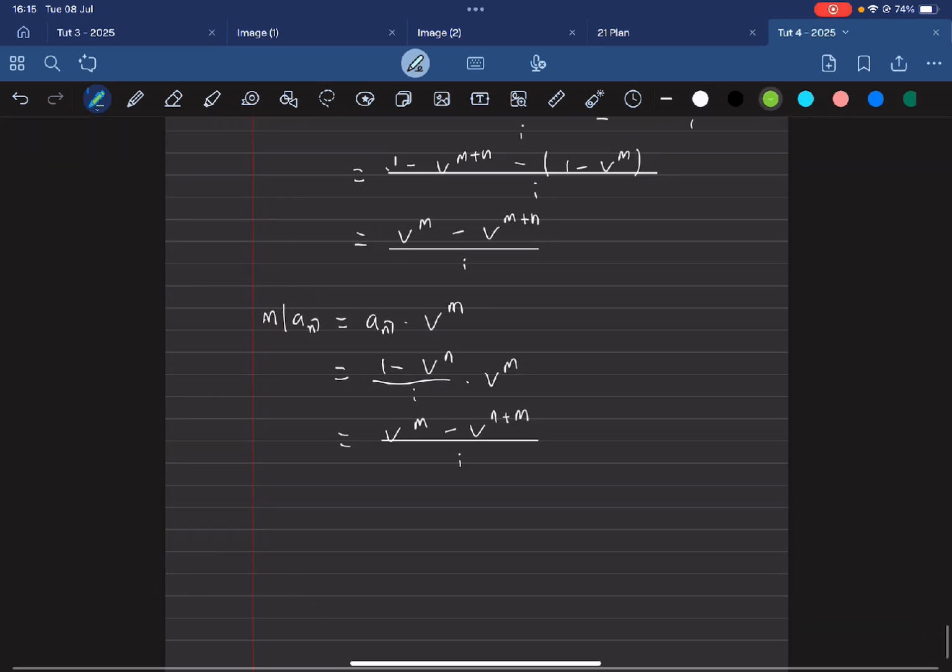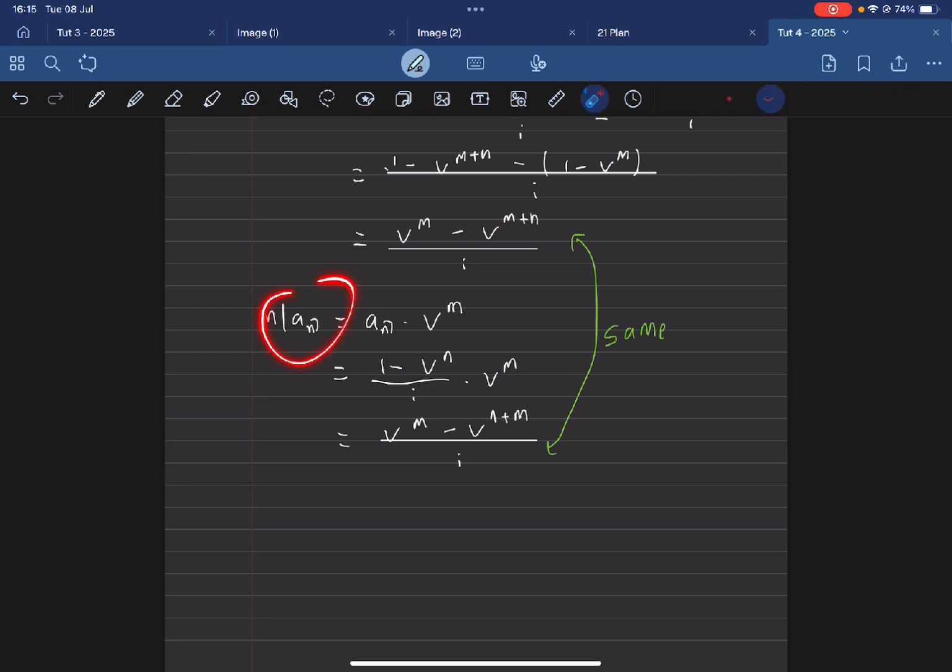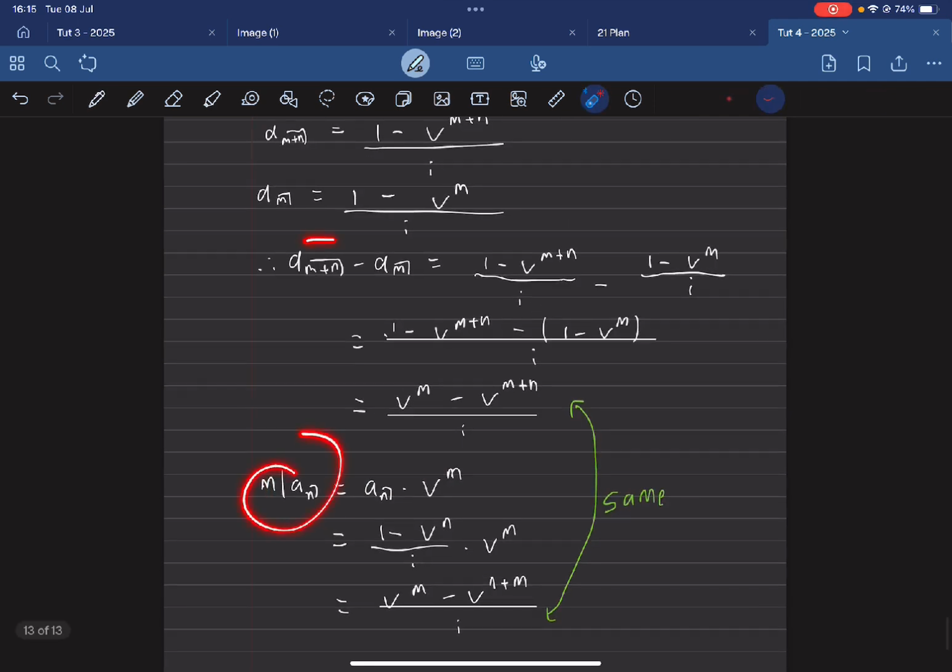And we can see that that and that are the same. So therefore it's proved. We've basically shown that that is equal to that. So if they're the same, then basically those are equal. Okay, good stuff. So that's the second one.